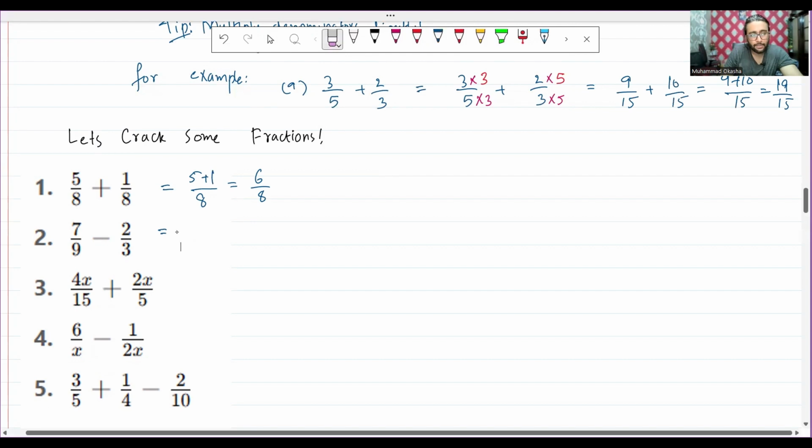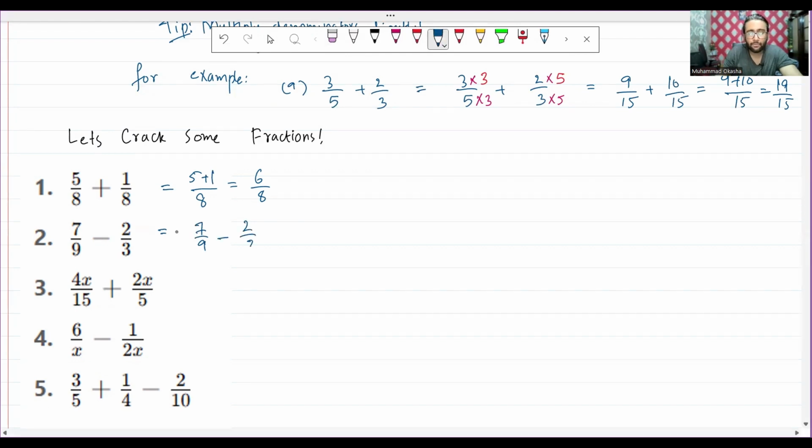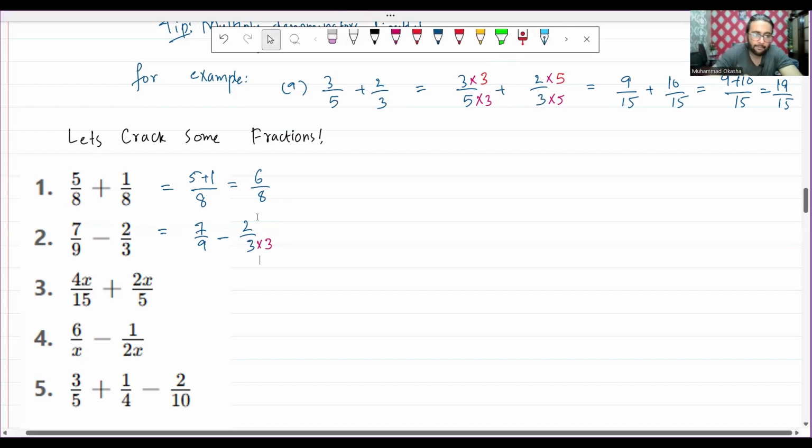So if you notice, 7 over 9 minus 2 over 3. What I could do over here, this is 9, right? If I were to multiply 3 by another 3, I can make the denominator 9. The other one is already 9. I don't need to do anything on this. So my problem solved. If I need to multiply the denominator by 3, I will automatically have to multiply its numerator by 3 as well.